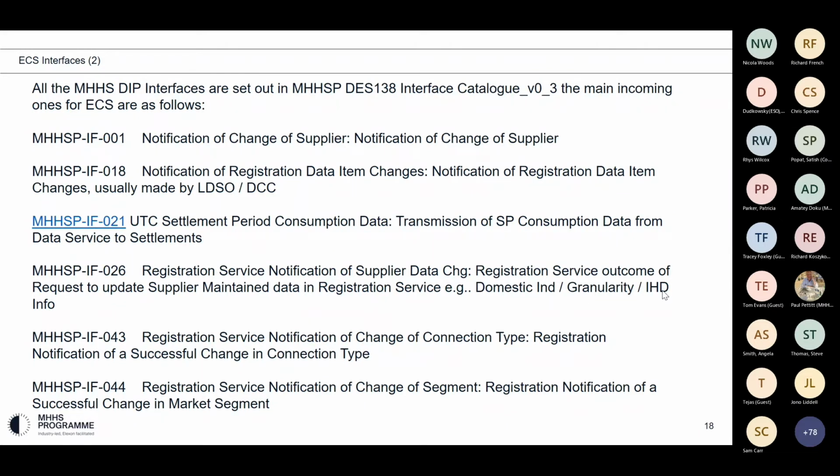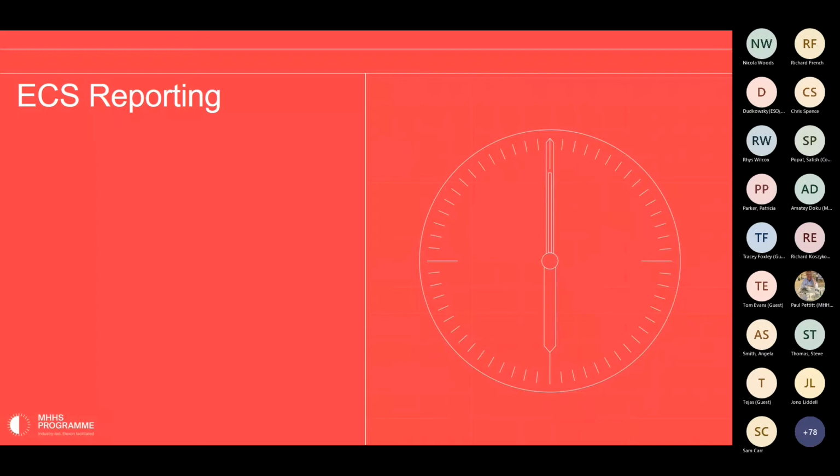Some of these other data items, it doesn't actually need to know what the consent granularity is for an MPAN, because that will have already been used upstream by the data services, and whether it's got an in-home display or not is irrelevant to Electron Central Systems.